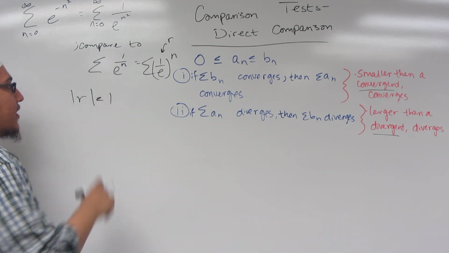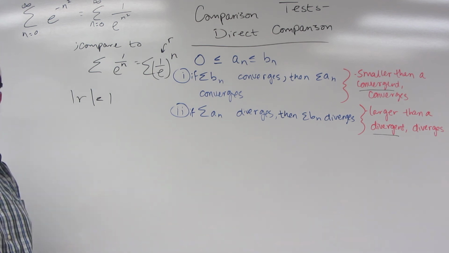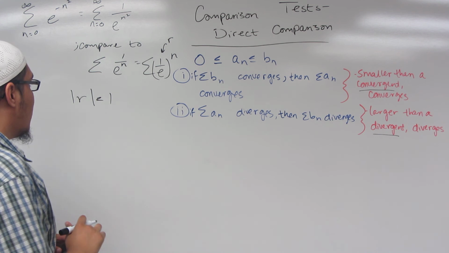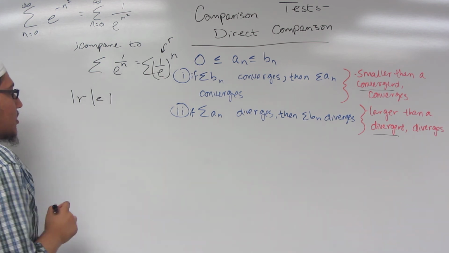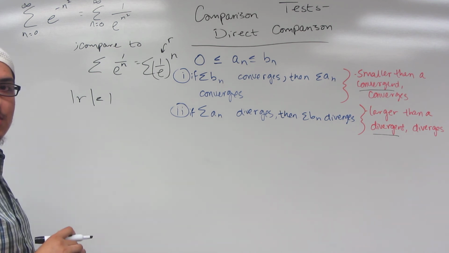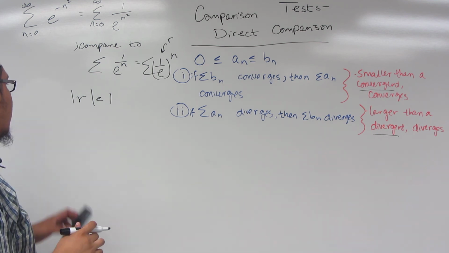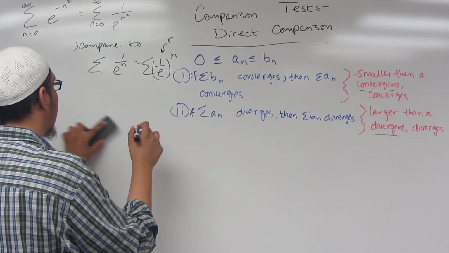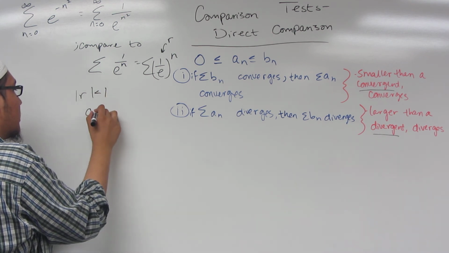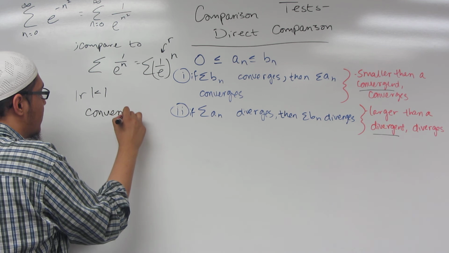So is the absolute value of 1 over e less than 1? Yes, it is, because e is roughly 2 point something. 1 over 2, let's say, gives us something around a half, so it is less than 1. Because r is less than 1, this is a convergent series.